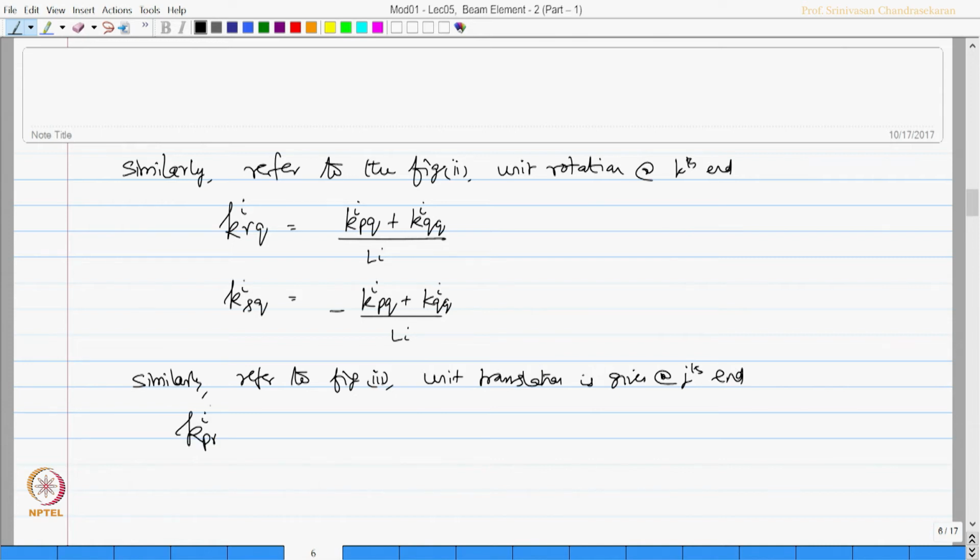Kpr can be expressed as Kpp of the ith member with this rotation plus Kpq of the ith member with this rotation, which will be Kpp plus Kpq divided by Li.